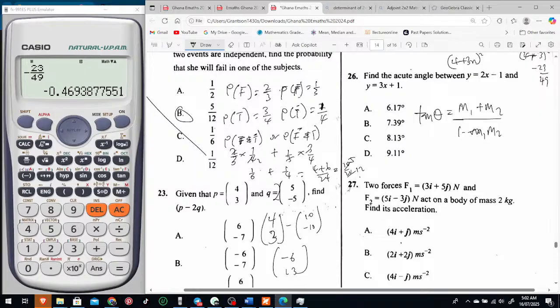These are the gradients. Is it this? Yes, sir. So m1 is 2, m2 is 3, 1 minus 6, 5 over negative 5, so negative 1.